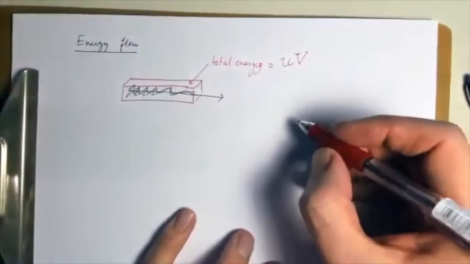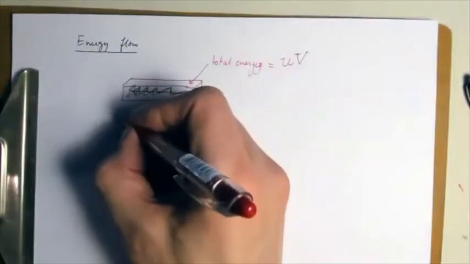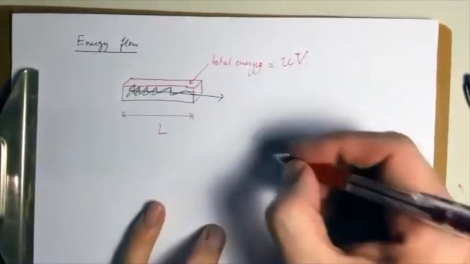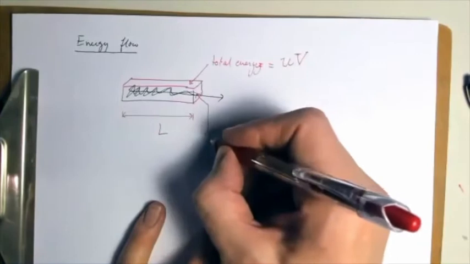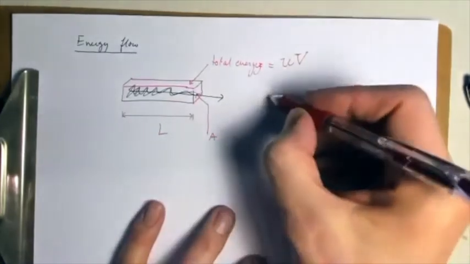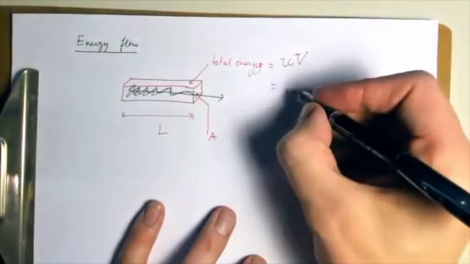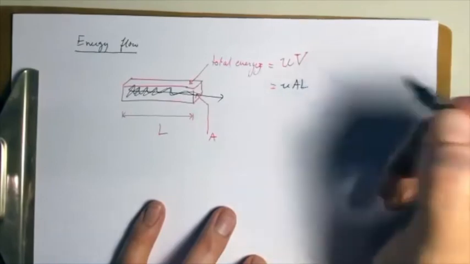Okay, and let's call this thing length L, and let's give this thing surface area A. Then the total energy here is little u times A times L.